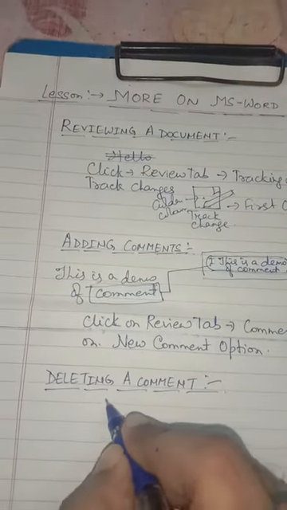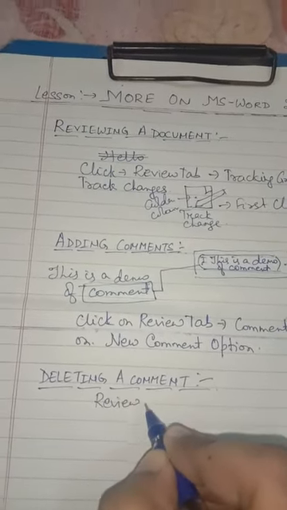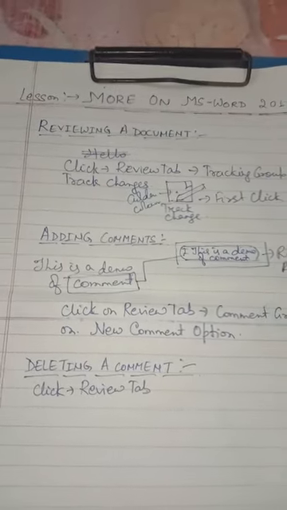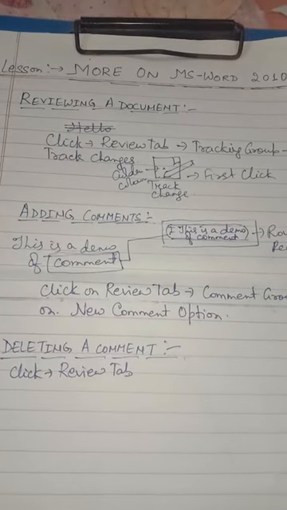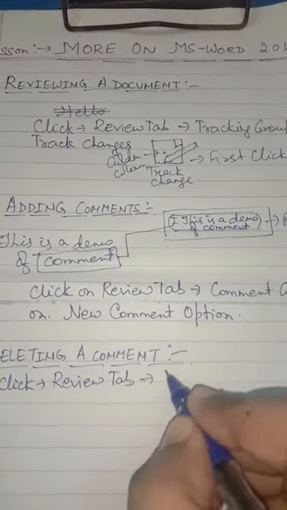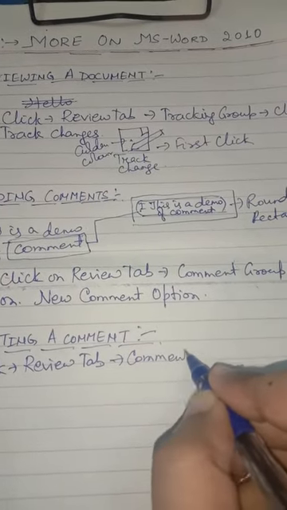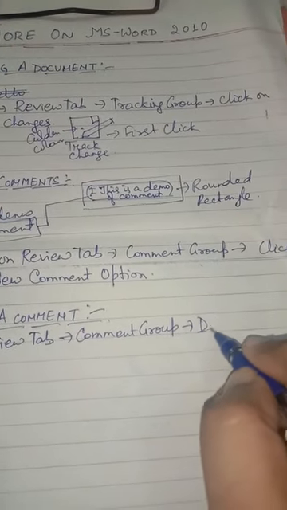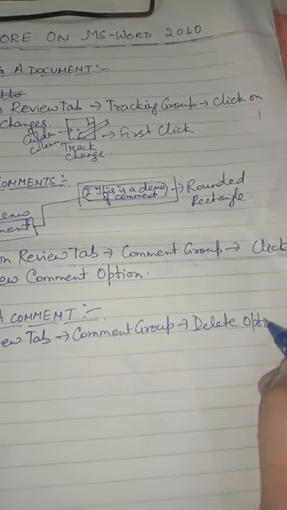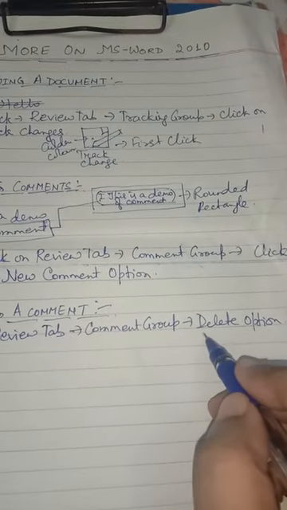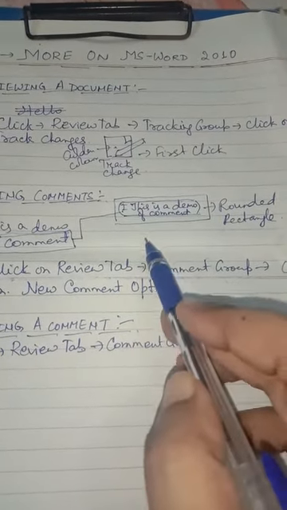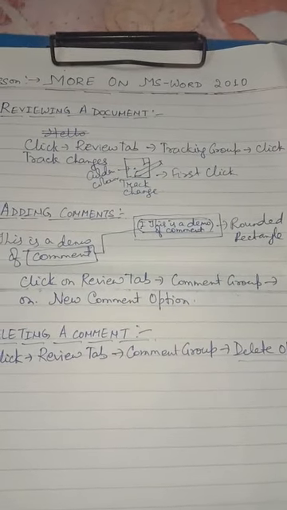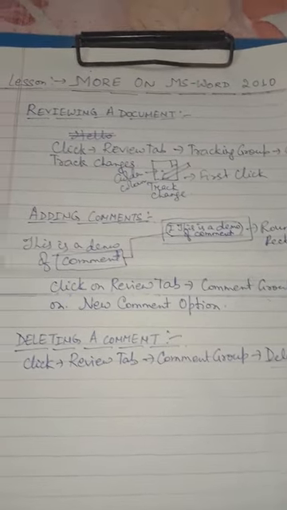Now move to the review tab, and in the review tab move to the comment group. From the comment group click on the delete option. As soon as you click on the delete option, the comment that you have selected will get deleted from your screen. This is how we can add or delete comments.